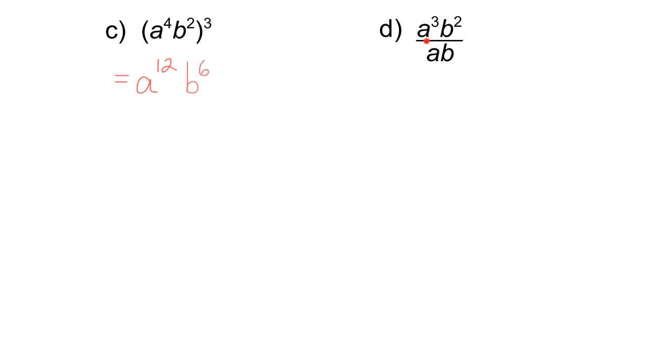We're dividing powers with the same base, so we subtract 3 minus 1. That's 2. So we have a to the exponent 2. Over here, b to the exponent 2 divided by b. Well, subtract the exponents. 2 minus 1. That's just 1. So I can just leave it as b to the 1 or just b. So overall, I have a to the exponent 2, b as my simplified answer.